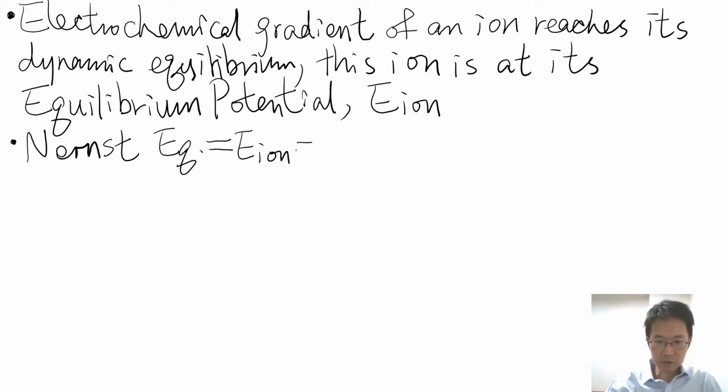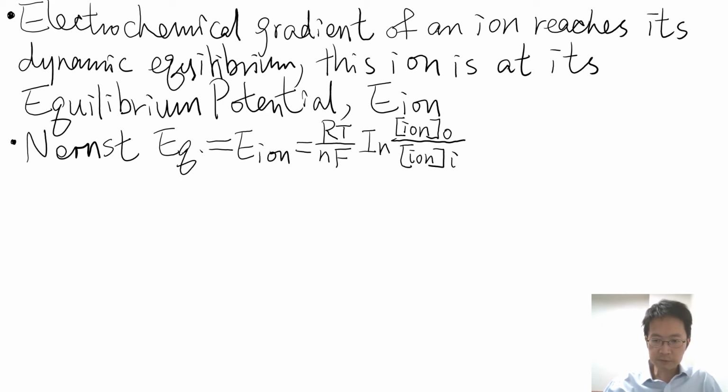So the Nernst equation is basically a constant multiplied by the natural log of the concentration of the ion outside of the cell, that means extracellular, and the concentration of the ion intracellularly.